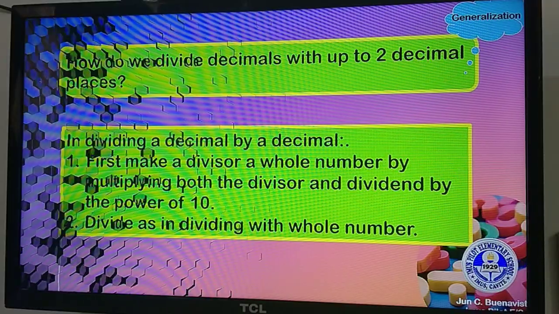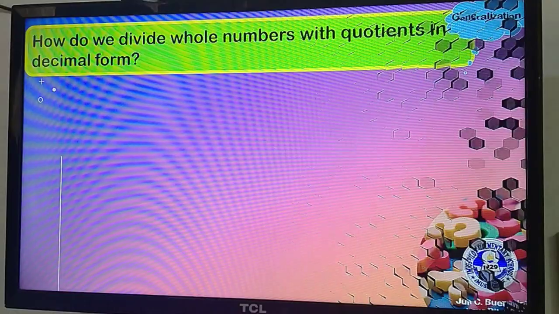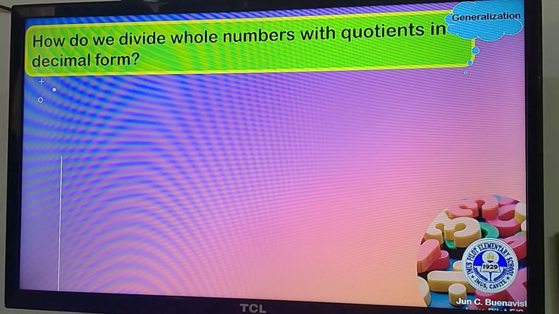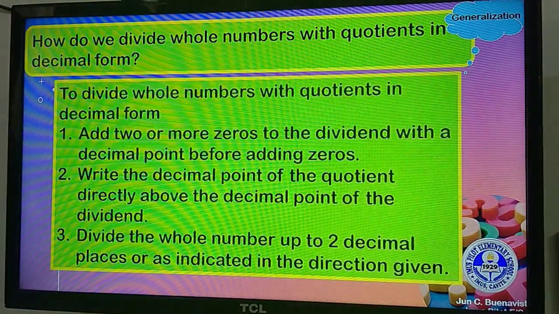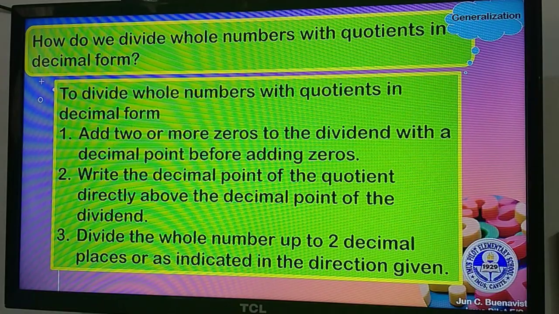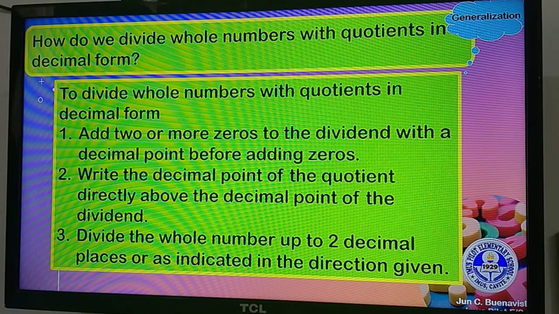How do we solve whole numbers with a quotient in decimal form? Okay. So to divide whole numbers with quotients in decimal form, one, add 2 or more zeros to the dividend with a decimal point before adding the zeros. So maglalagay daw tayo ng 0.